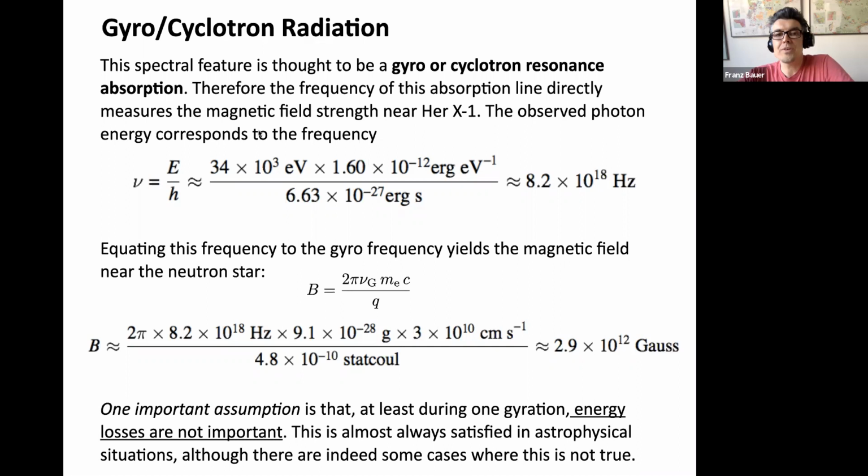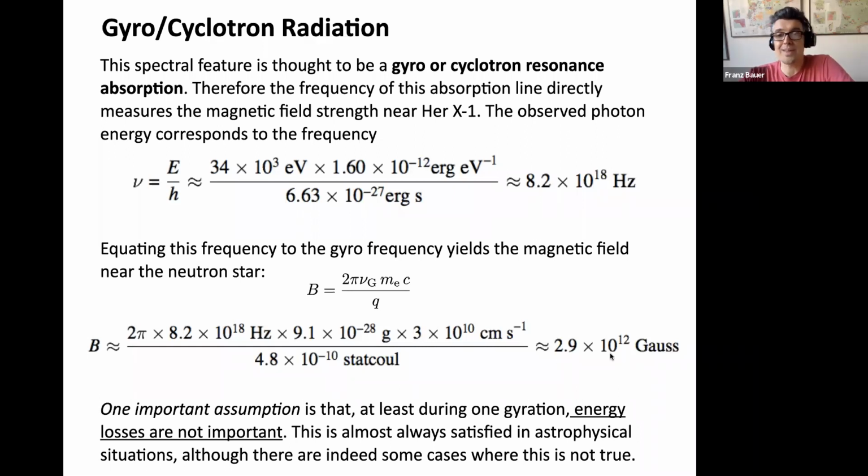If we observe the photon energy, 34 kilo electron volts, we can relate that to a frequency, plug in what our frequency should be, and end up getting a magnetic field which is consistent.